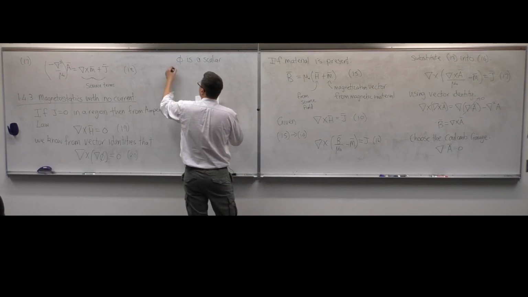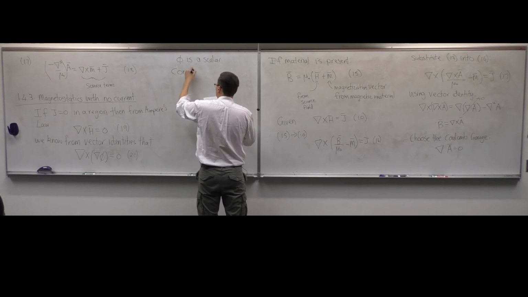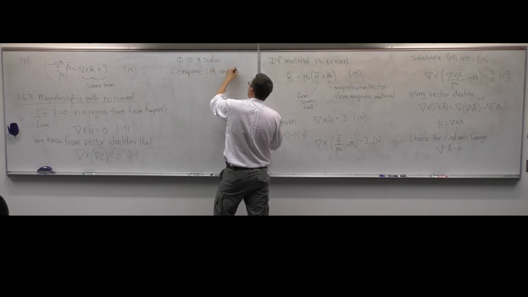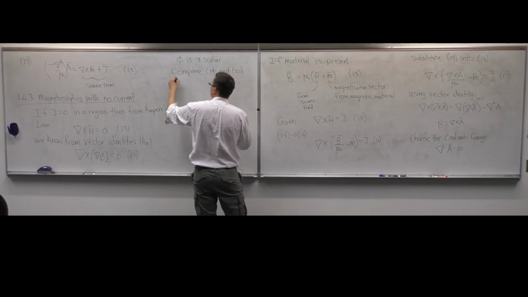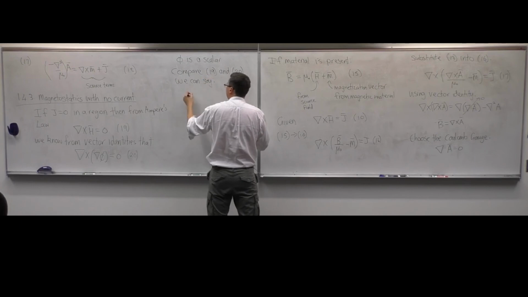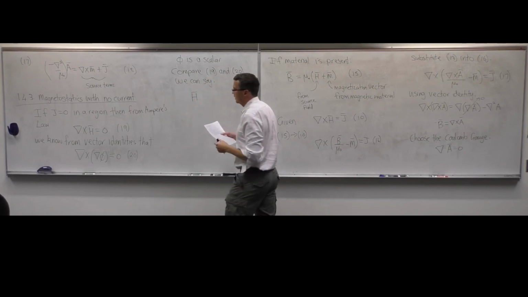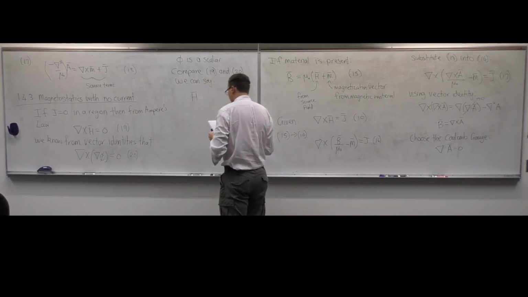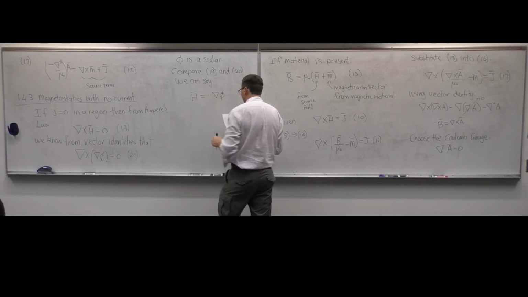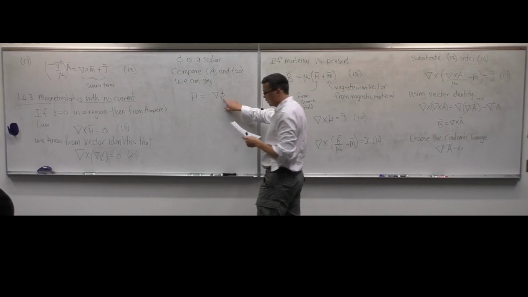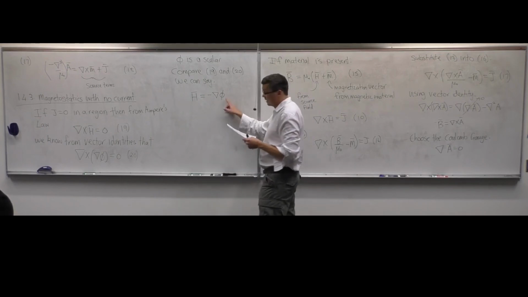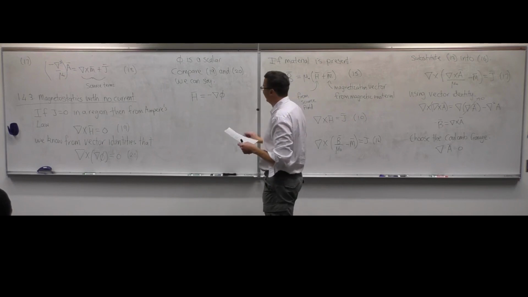So if we compare 19 and 20, we can say that the magnetic field intensity, H, is equal to minus the gradient of this phi, which is called the magnetic scalar potential, or the scalar magnetic potential.